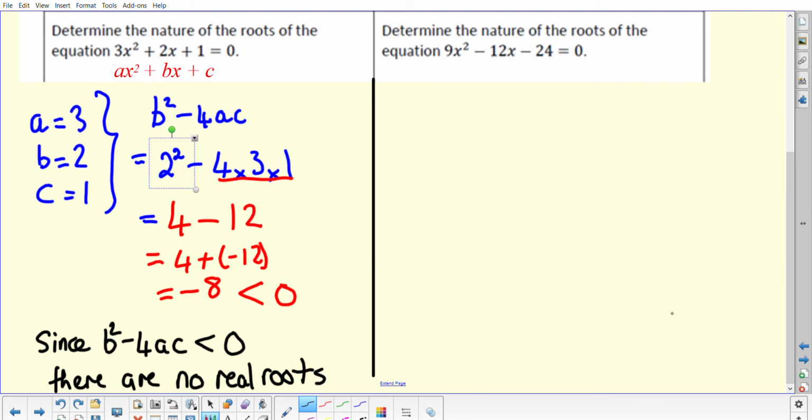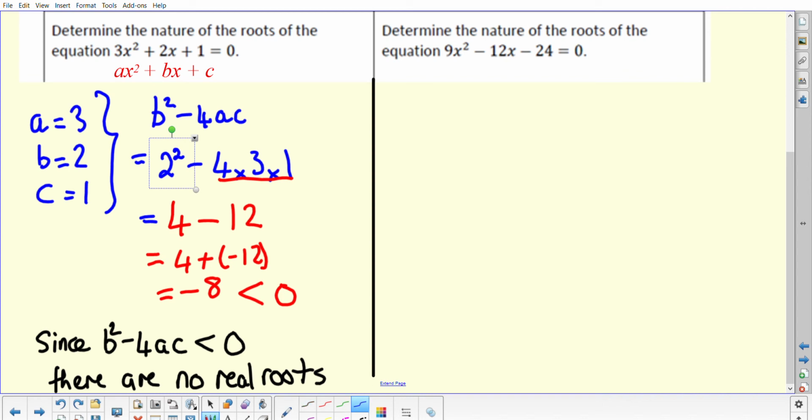Okay, and that's your communication part. And when you do this in the exam, you get a mark for this. So you would need to have worked out your value and got to the negative 8. You should then notice that because that is less than 0, that tells you there are no real roots.